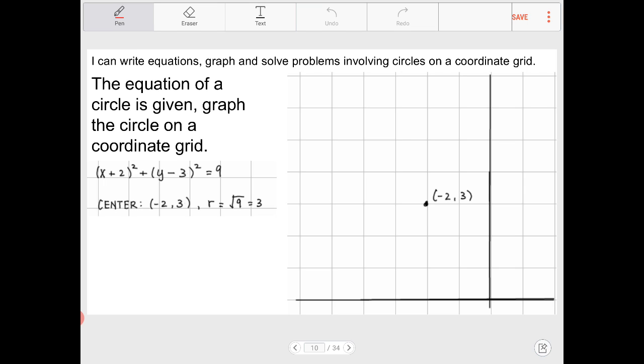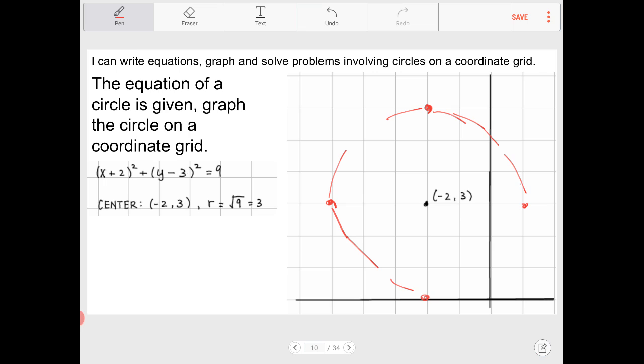So what I know is from (-2, 3), I'm going to go up, down, left, right, okay? 3 units. So I have 3 units there, 3 units there, 3 units there, and 3 units there. And from there, I can then just make a decent sketch of what it is.